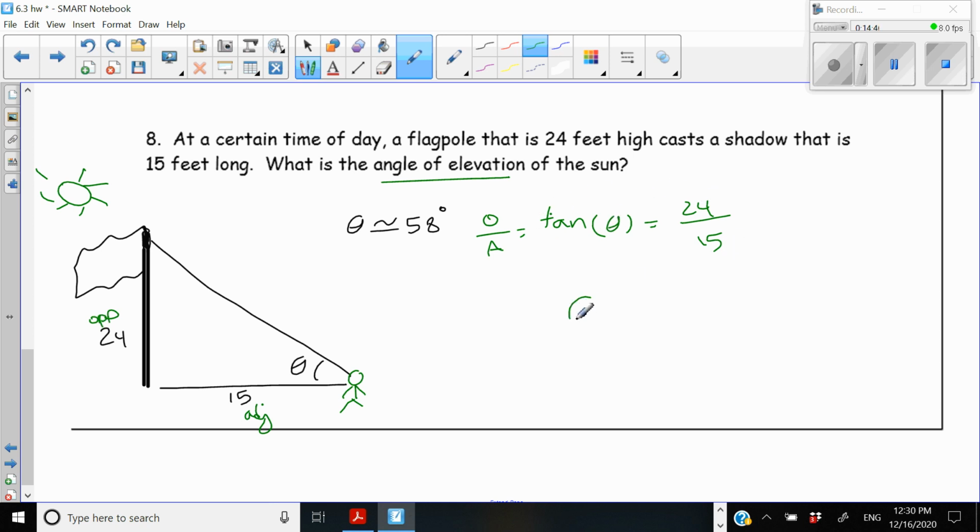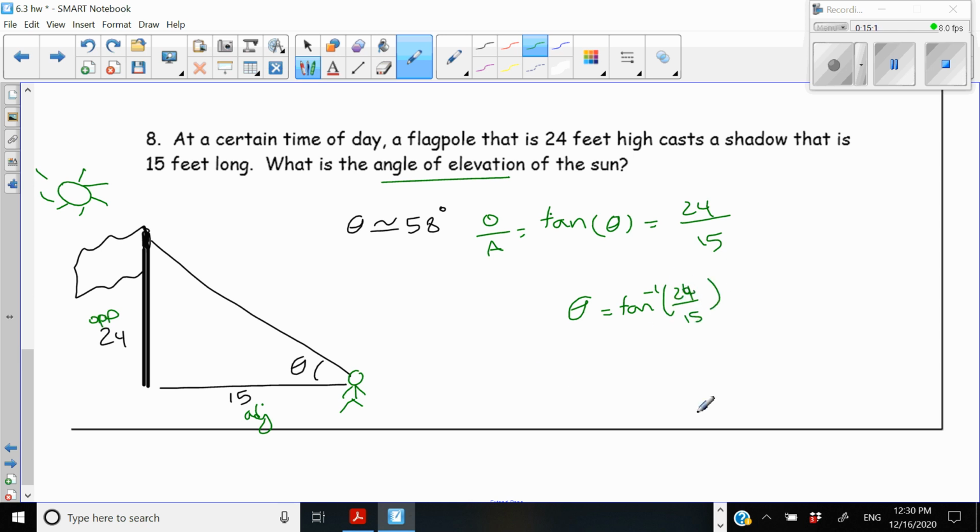What is that angle? I'm going to use the inverse function because I want to find this theta, and this tangent doesn't let me find theta, so I need to undo this tangent. How do I undo tangent? By using the inverse function. So I go tangent -1 of 24 over 15.